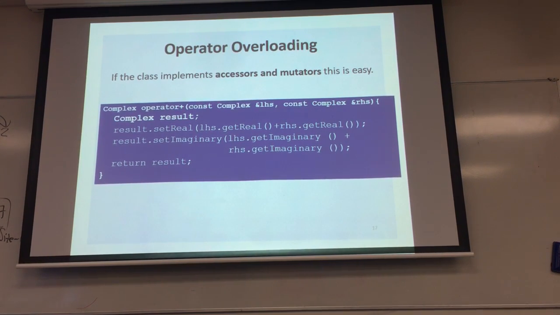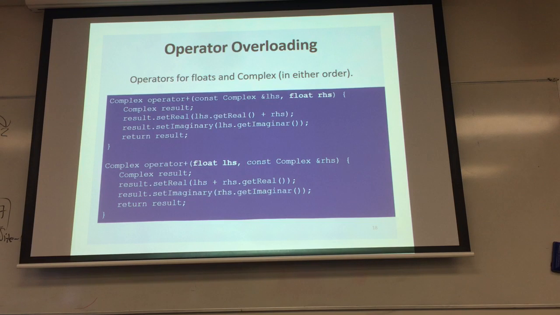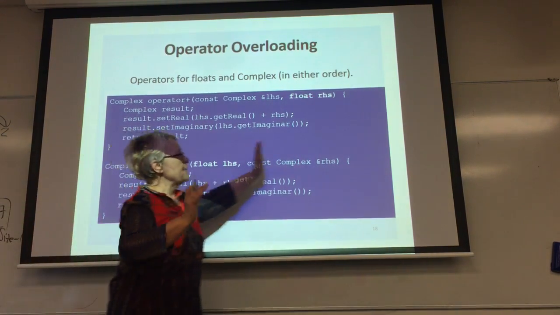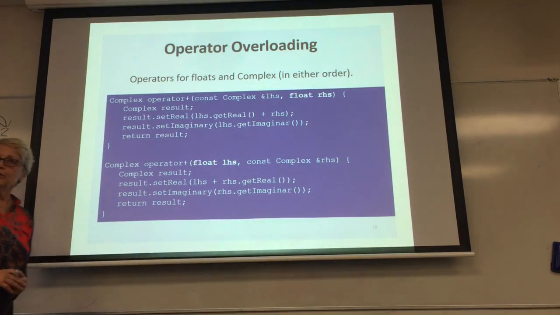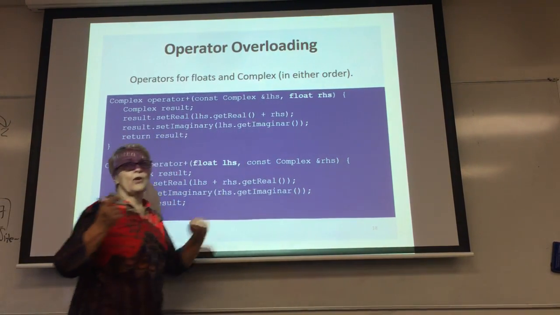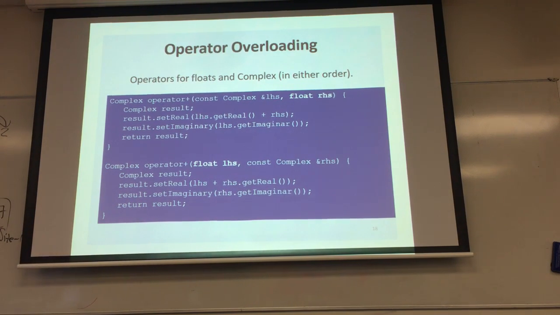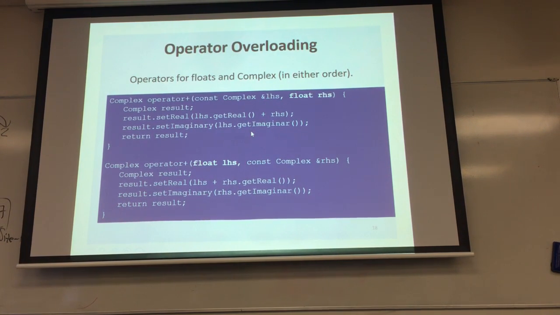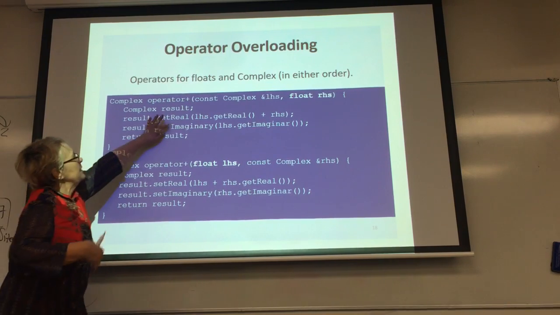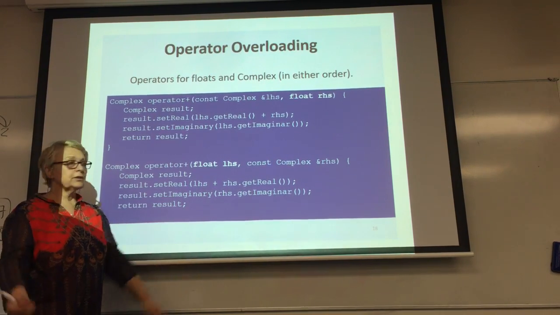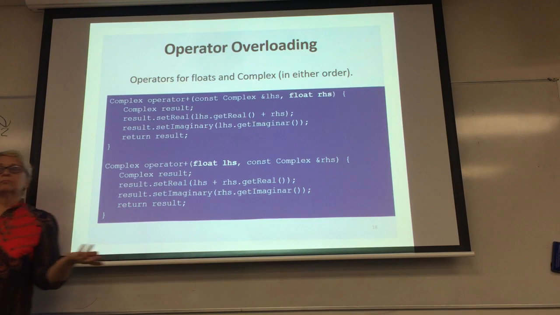Right, so we have this plus operator to work with two complex numbers. Now we can overload it to work with complex and float. Because we wanted to make sure that it's commutative, we have to provide float to complex. It's a little bit verbose with this. It requires a little bit more writing from our part, but it's safe, it works.